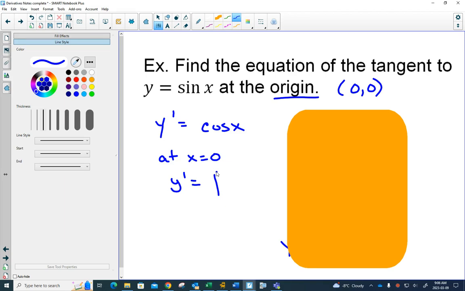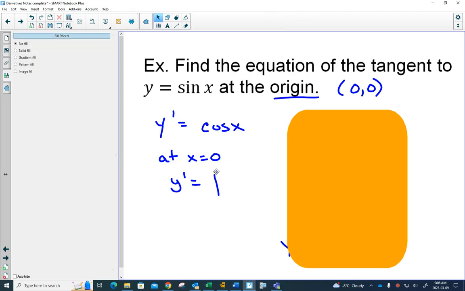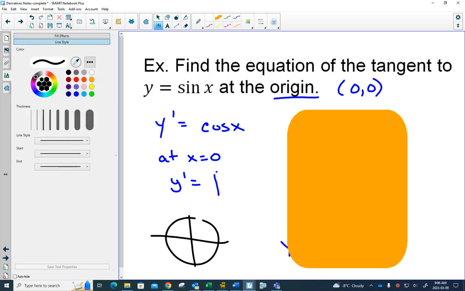And at x equals 0, we can use our unit circle. Right? How was that for mental? Did you remember that cos of 0 was 1? Think of our unit circle. A little circle. Here is when the angle is 0. The coordinate is easy.